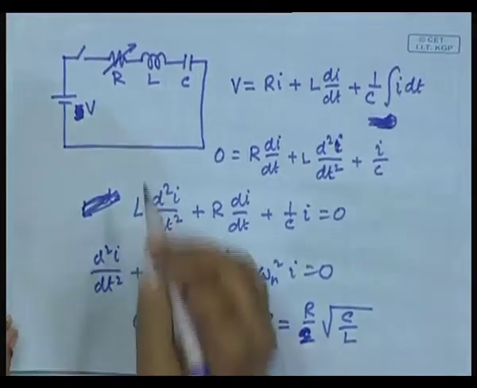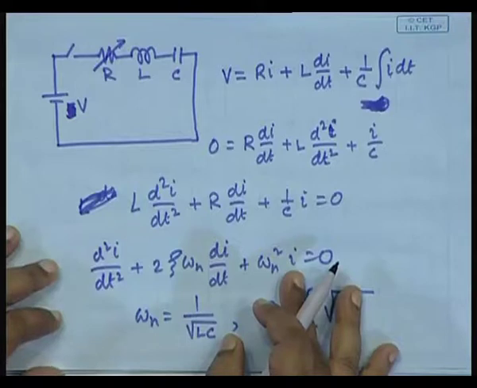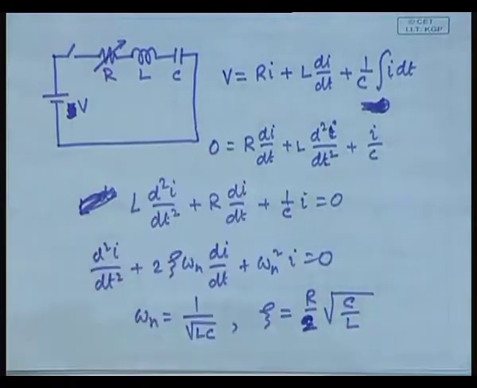What will happen to the voltages? Voltage across the R will be obviously proportional to the current. What will happen to the voltage across the L?